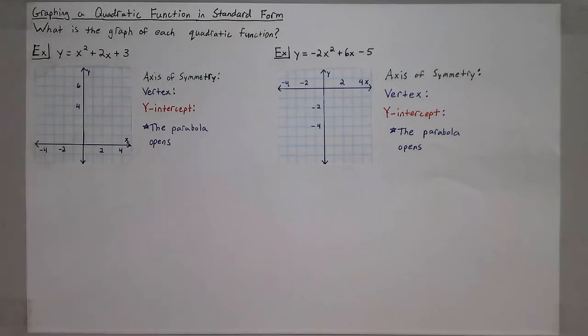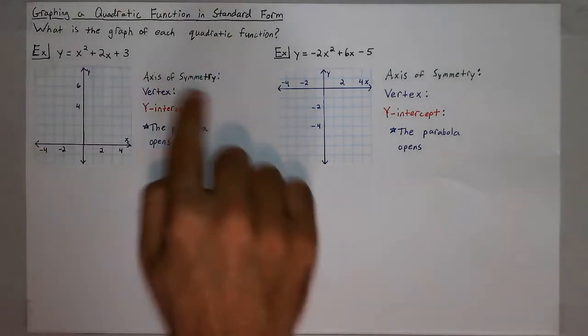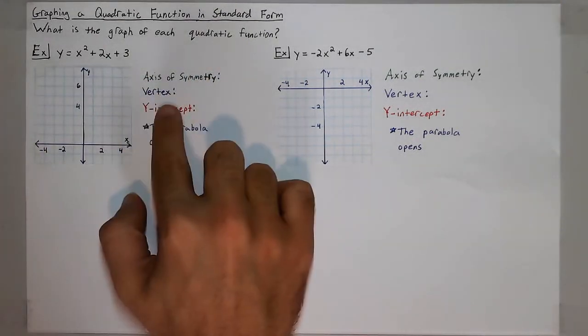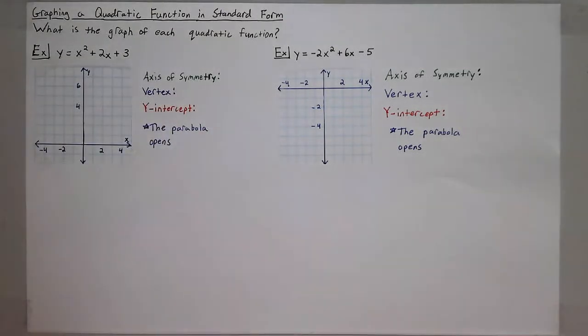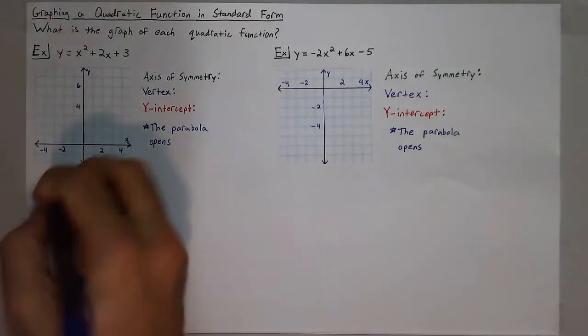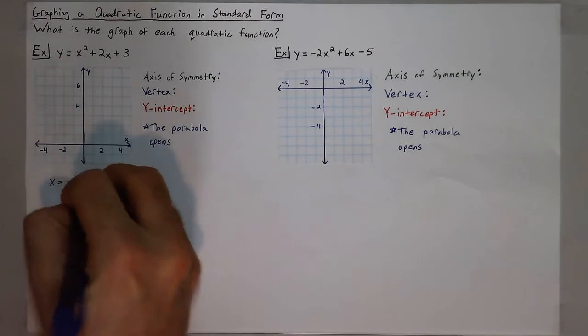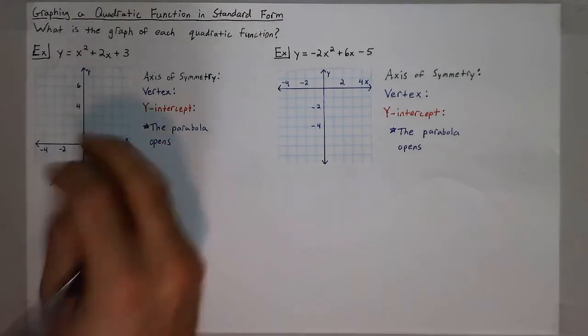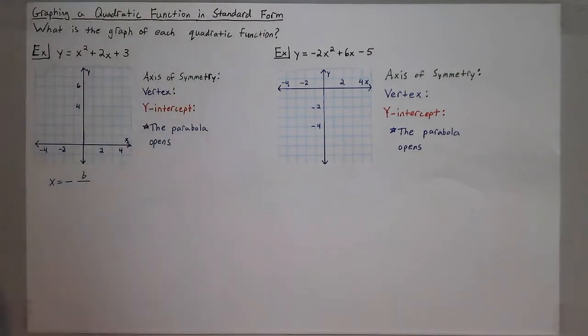In this video, we are going to learn how to graph a quadratic function in standard form. In order to do this, we need to find out what our axis of symmetry and vertex are by using the formula x equals negative b over 2a.